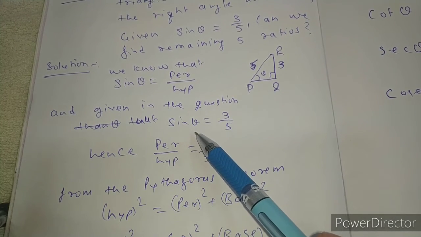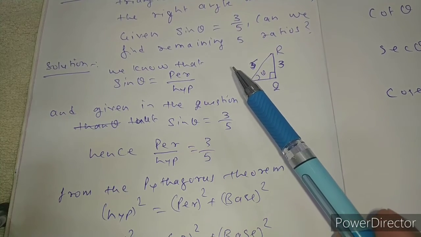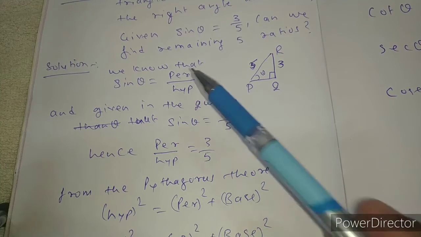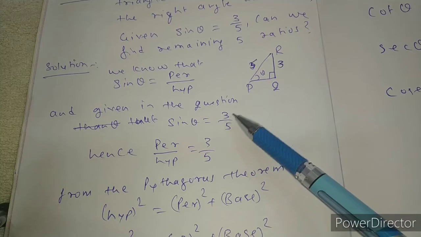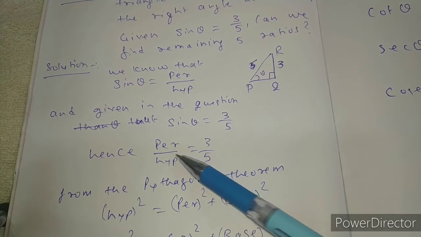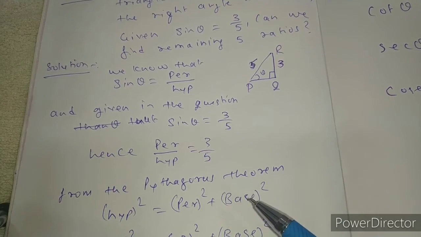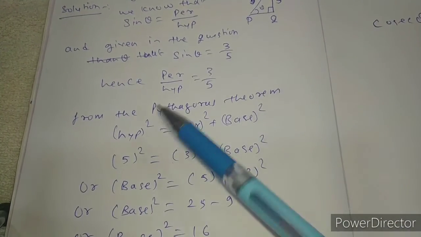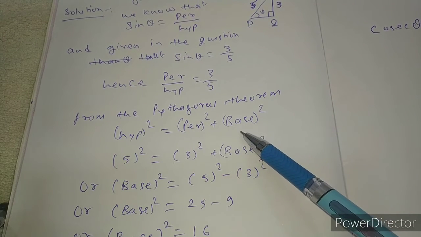We know that sin theta is equal to 3/5, which is given in the question, and we know that sin theta is equal to perpendicular upon hypotenuse. So perpendicular upon hypotenuse is equal to 3/5. Now from the Pythagoras theorem we know that hypotenuse square is equal to perpendicular square plus base square.